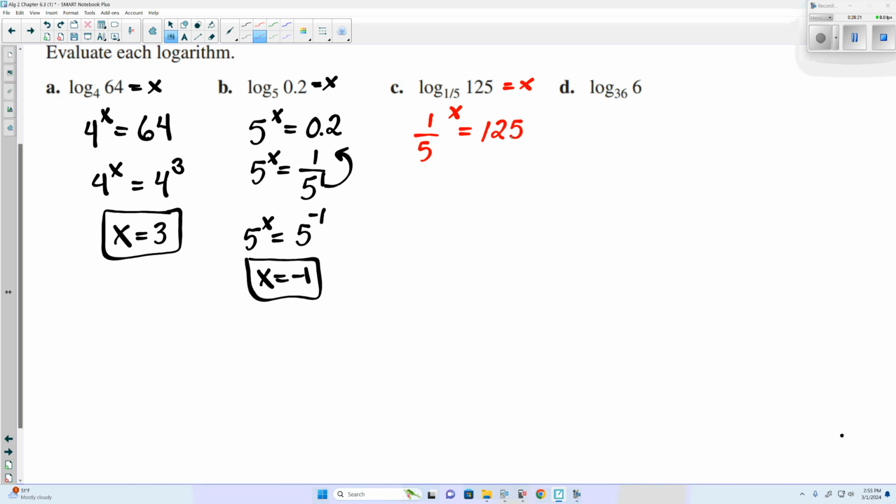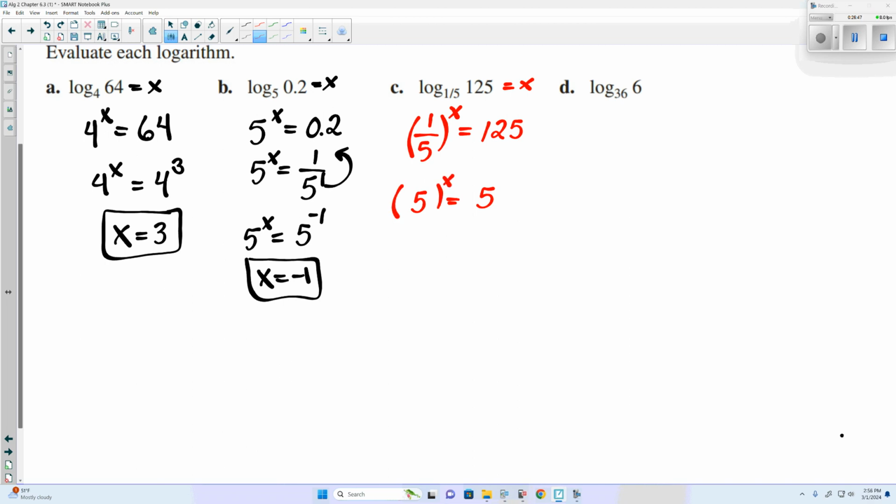Well, it'd be nice if they were both the same number, yes? The one on the left, it'd be nice if instead of 1/5, we had it just as 5. And it'd be nice if the one on the right, we could rewrite it as 5. Because if we could, then we can use the exponents being equal.